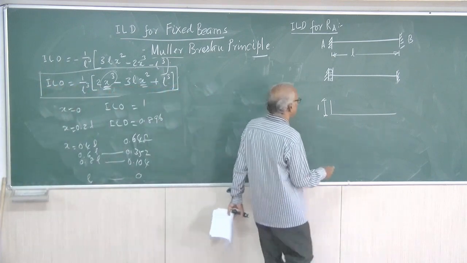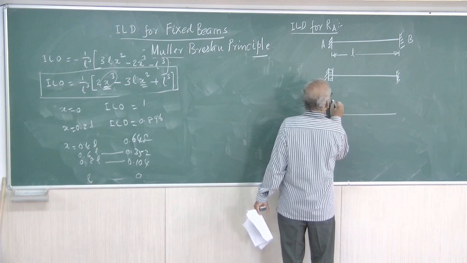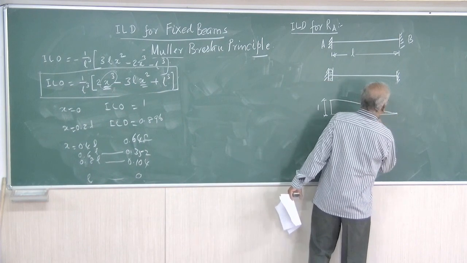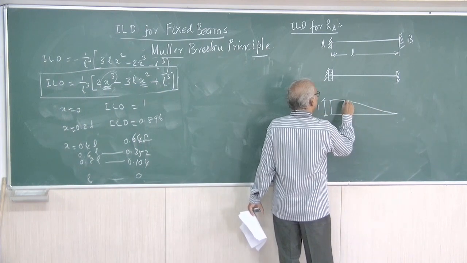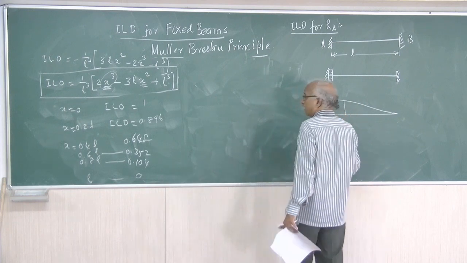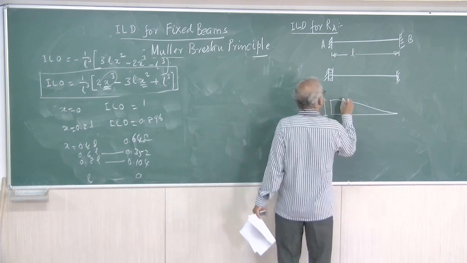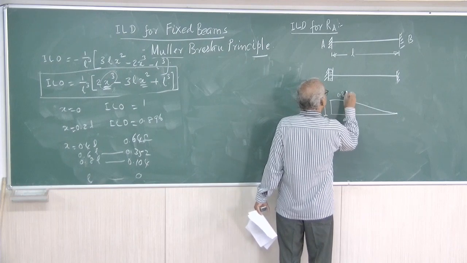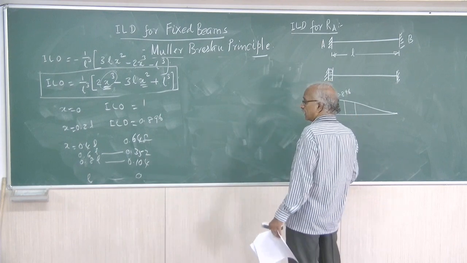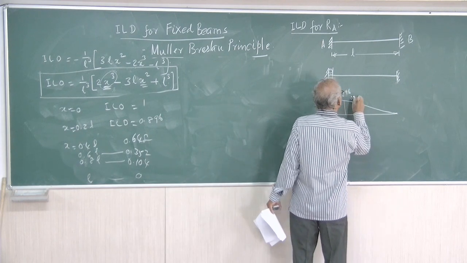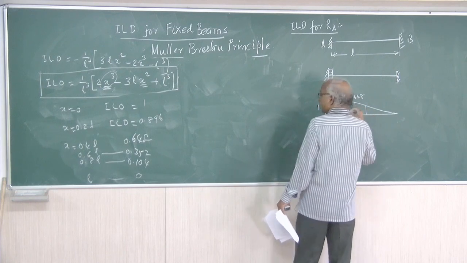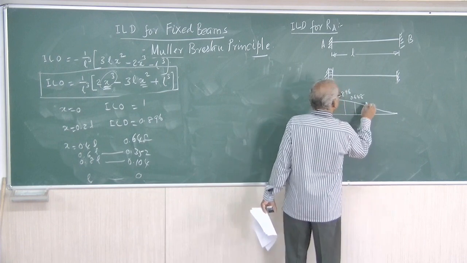So here it is 1, then 0.2L, for 0.2L it is 0.896. For 0.4L it is 0.648. Then for 0.6L this value is 0.352.